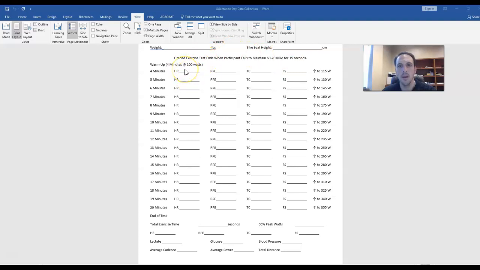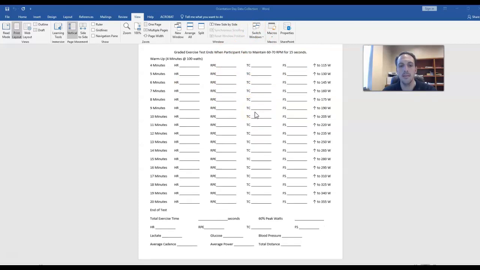So that way, when I call 4 minutes, we can write down from the heart rate monitor what their heart rate is at that point, and then we ask them to give us these scores off of the sheets of paper from the wall. So they will just start with the RPE, give us a number, give us the thermal comfort number, and then their feeling score number. And so they can continue to do that over and over for as long as they can maintain that.